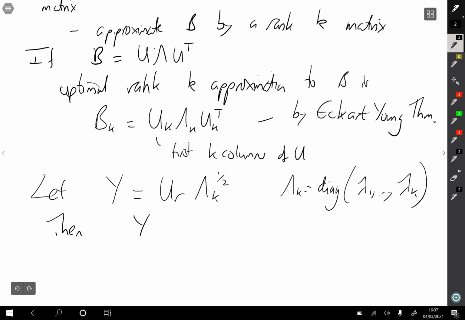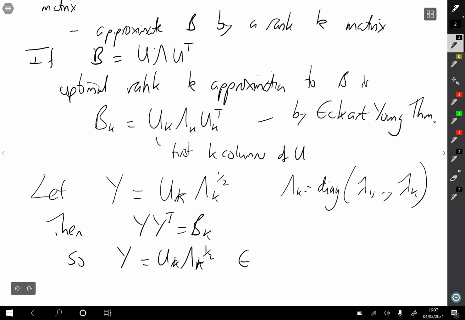Then we've got that y y transposed is Bk. Sorry, that should have been Uk lambda k to the half.